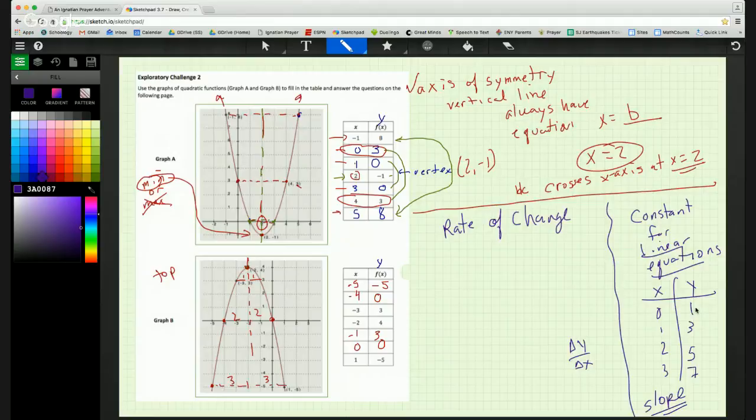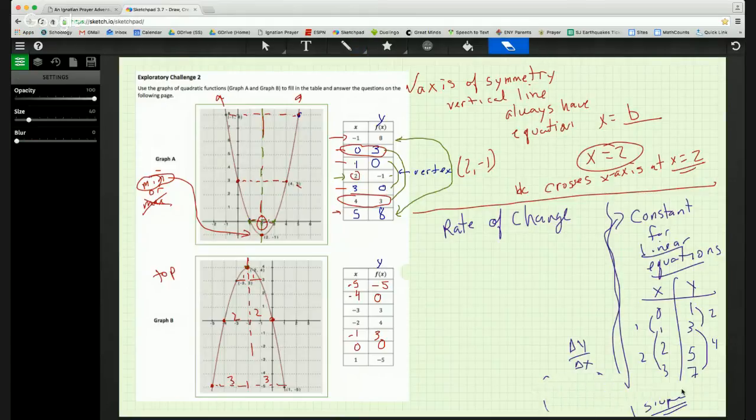So we could take these 2 points and these 2 points. So my delta y is 3 minus 1, or 2, and here it's 1. So my delta y over delta x would be 2 over 1. I could have also taken these 2 points. And my delta y here is 4, and my delta x is 2. So 4 over 2, and that equals 2 over 1. So it didn't matter which points I took on a linear equation, my slope was constant.